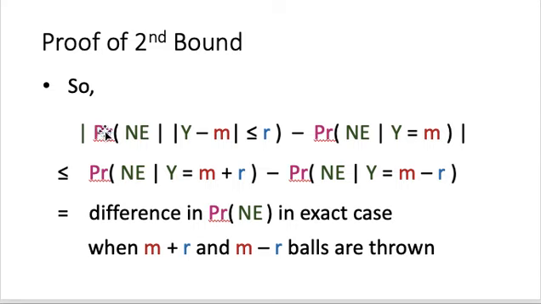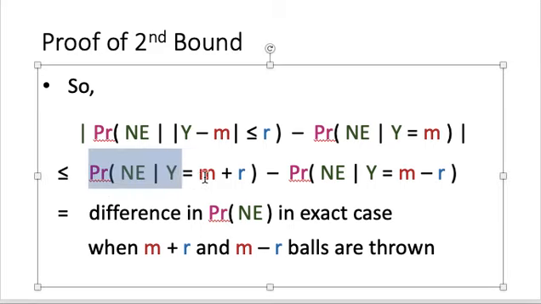So the absolute value of this one that we want to find is less than or equal to the probability of having no empty bins given y is equal to n plus r, minus the probability of having no empty bins given y is equal to n minus r. Okay. Now, at this point, we are going to use the relationship of conditioned Poisson is equal to exact again. The first probability here corresponds to the case where, when we are throwing exactly n plus r balls, there are no empty bins.